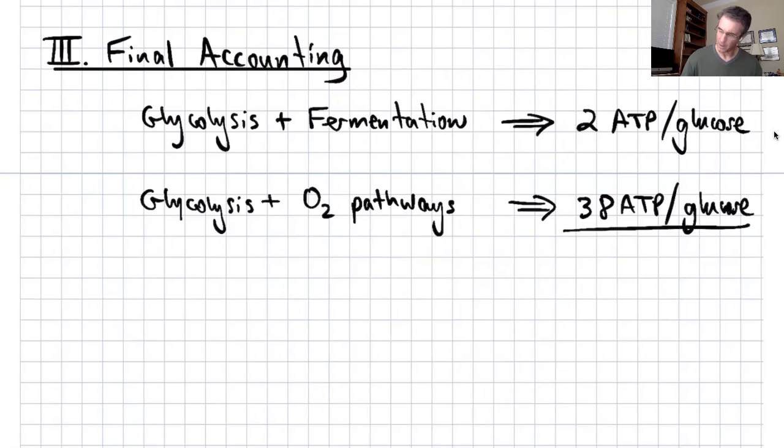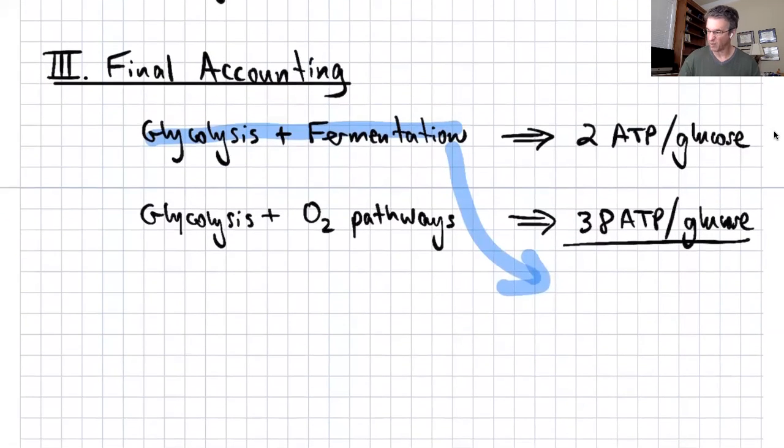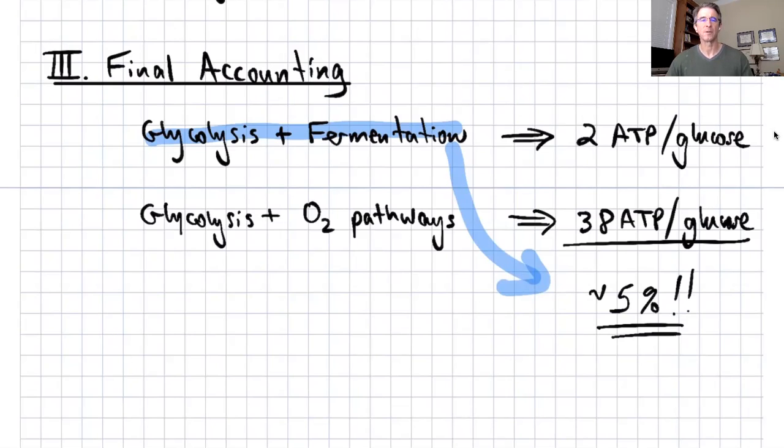So glycolysis plus fermentation is an effective energy yield in the range of 5%. By any measure, that sucks. That's an incredibly inefficient use of the energy available in the structure of glucose. 5%.